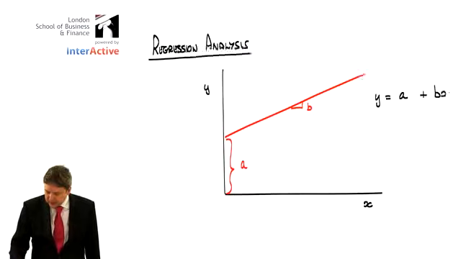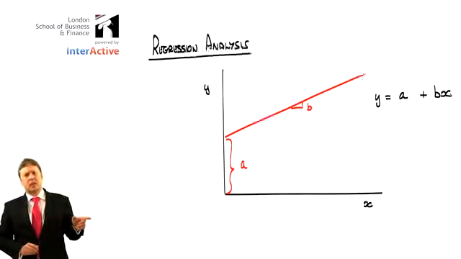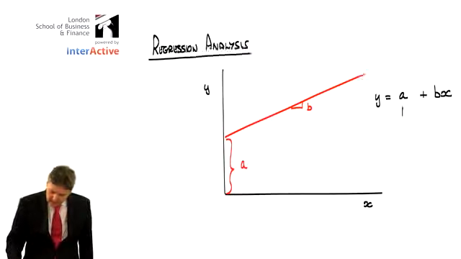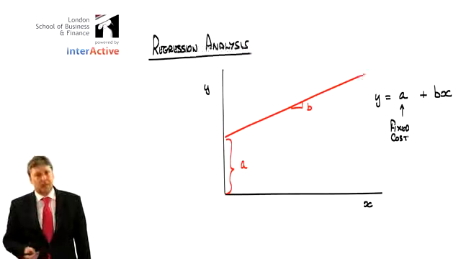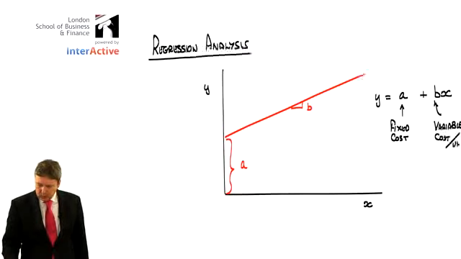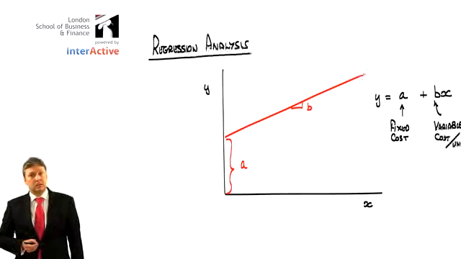If we know these two components, then we are able to describe the relationship in the form y equals a plus bx. So just thinking back to the high-low example that we talked about before, a is simply going to be the fixed cost, the element that does not change with the level of activity, and b is going to be the variable cost per unit. And you can see it's per unit because we have to multiply by the number of units, the value of x.